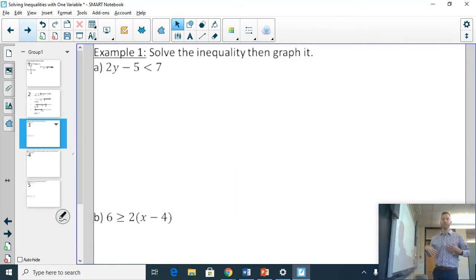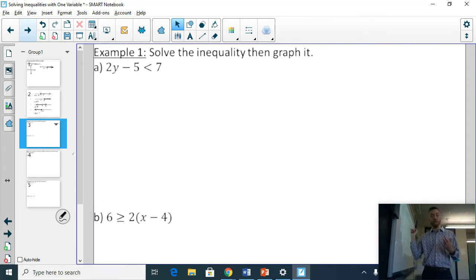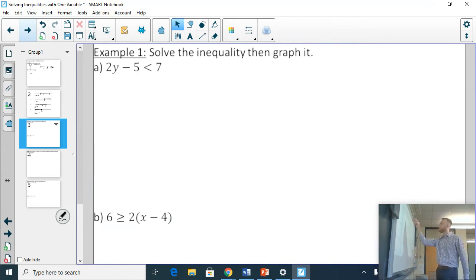So now we're going to actually solve these inequalities, and it's the same idea as solving an equation, except now we have an inequality there, and then we're going to graph it. So solve the inequality, then graph it. 2y minus 5 is less than 7. Well, I want the y's alone, so I'm going to add 5, and what I do to one side, I have to do to the other.